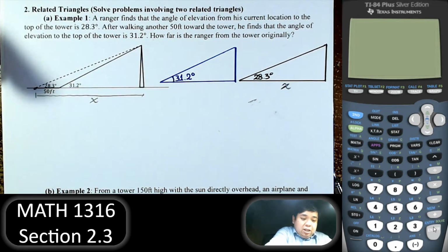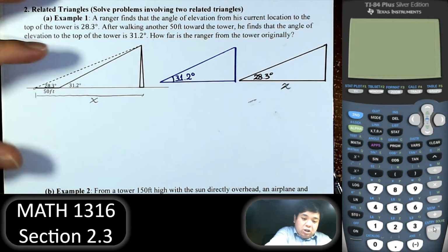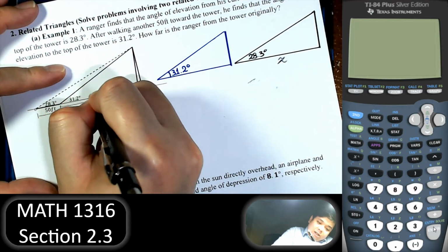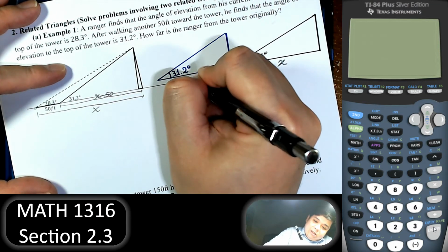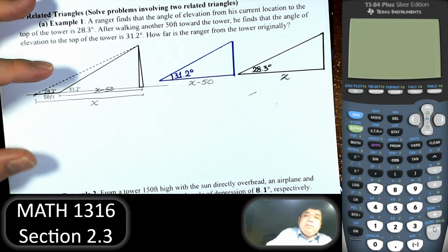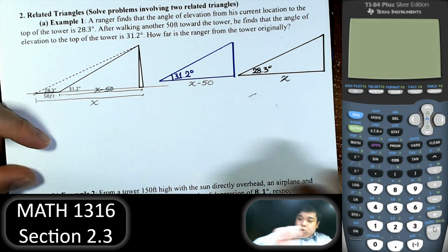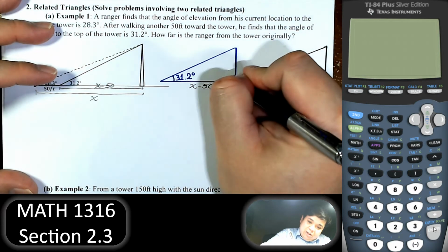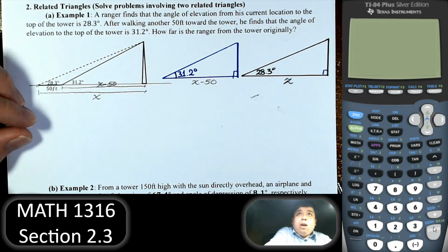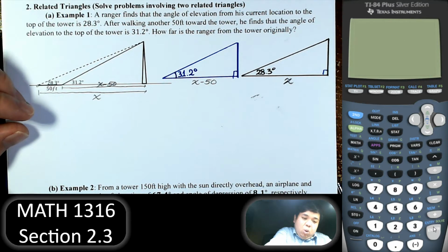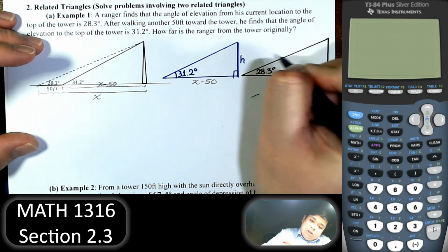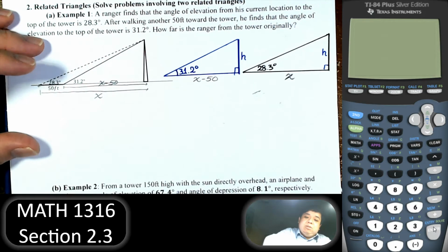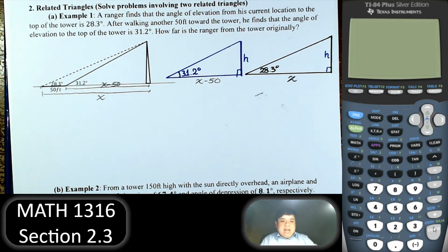Since he walked 50 feet toward the tower, this distance here is x minus 50. So for the two right triangles, we have this information. The question did not ask for the height of the tower, but we can call that h. So those are the two triangles that we have, with x and x minus 50.